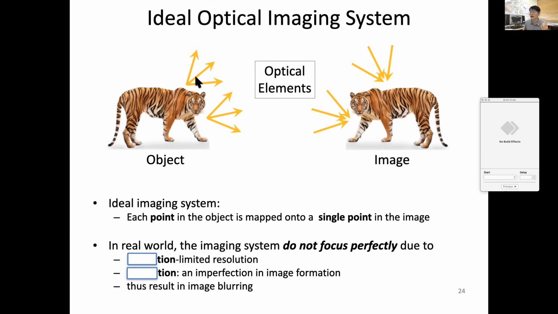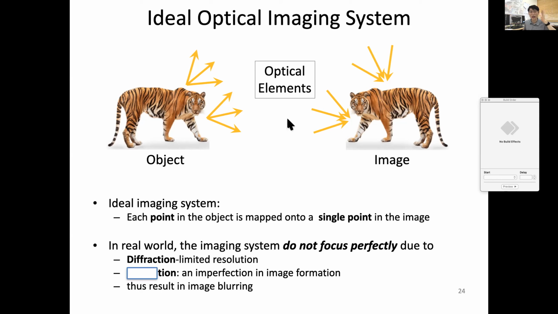So in fact, why we cannot get an infinite amount of resolution with this optical element is, first, we are using light as a medium, and light is a wave, possessing wave properties. And when it deals with optical elements, these optical elements are finite. So it's a finite object. The wave will be diffracted somehow. And that is a fundamental issue of optical imaging systems.